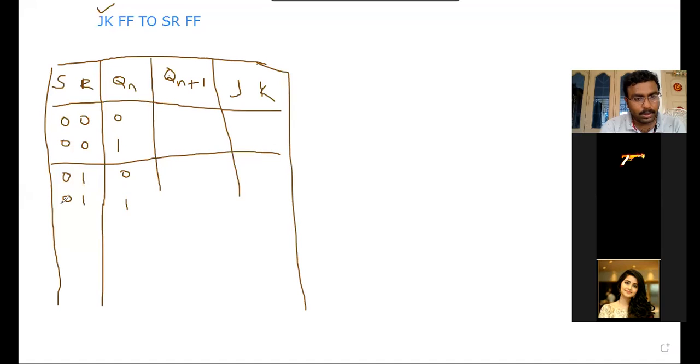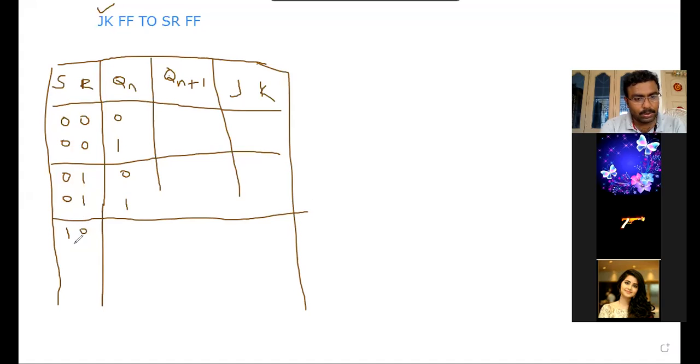Next, 1, 0, with present state values 0 and 1. And the last input condition is 1, 1, with present state values 0 and 1. So I have finished my input conditions, guys.